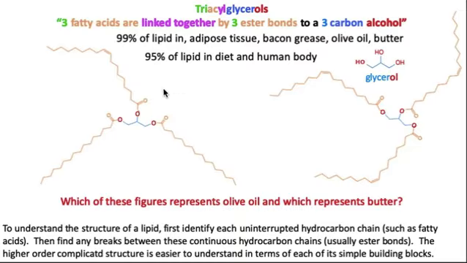So there's three ester links to fatty acids. Glycerol, well, the -ol means it's an alcohol. And glycerol literally comes from glykos, meaning sweet, but this glycerol, this sweet substance, is a 3-carbon alcohol.